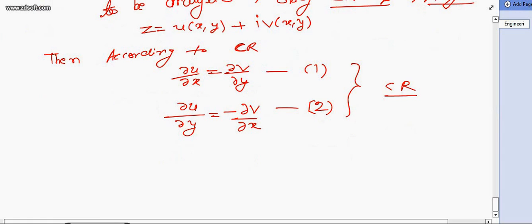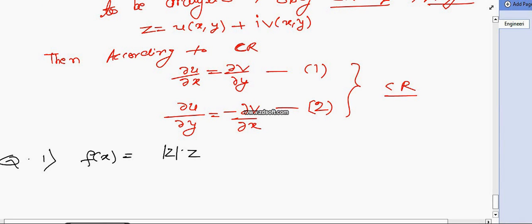Okay, so now going back to the question, function to be analytic. First one, f of z is equal to mod of z into z.